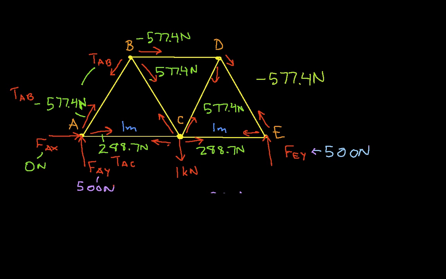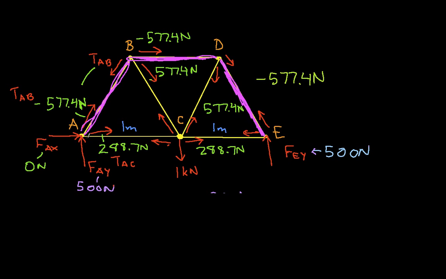Okay, so we're almost done. Just one last thing to point out. The members where the tension is negative are actually in compression. So, for example, this member here, joints D and E are pushing towards each other. Joints B and D are pushing towards each other, and joints A and B are pushing towards each other.